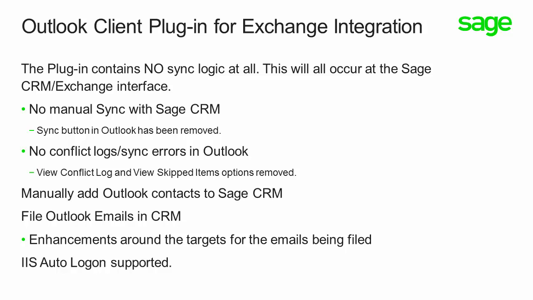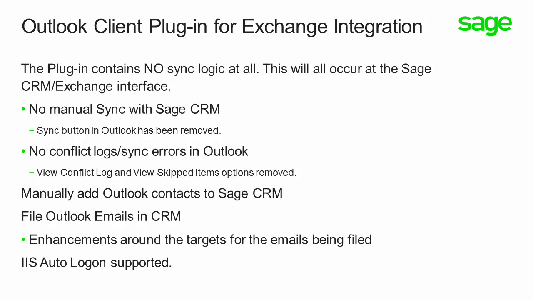Now, let's assume that instead of asking each user to sign on with their individual usernames and passwords into Sage CRM, you're using IIS auto login. That's supported as well within the Outlook client.